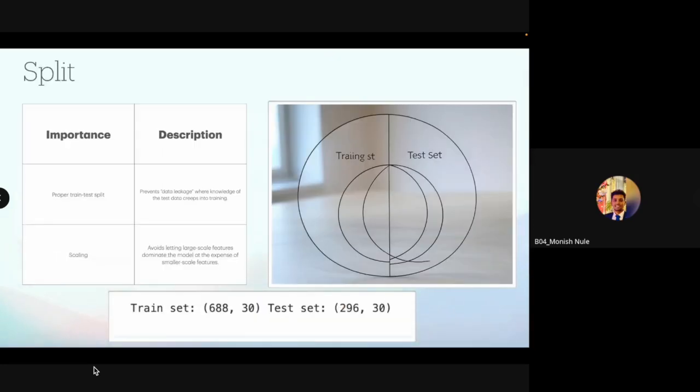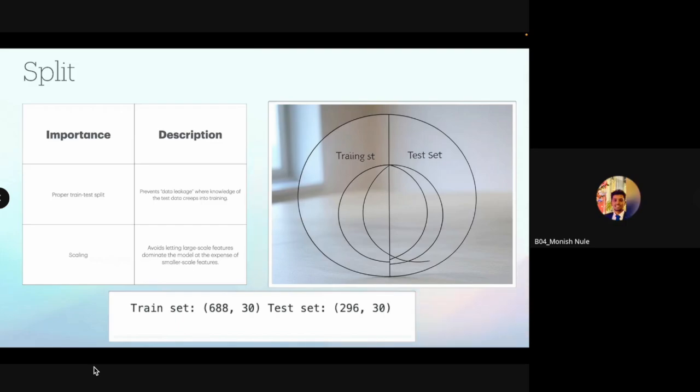This is the split stage, where we split the data for training and testing, for proper testing and proper scaling. It prevents data leakage, where knowledge of the test data creeps into the training. We also avoid letting large-scale features, such as class 0, which we saw dominating, affect the model.